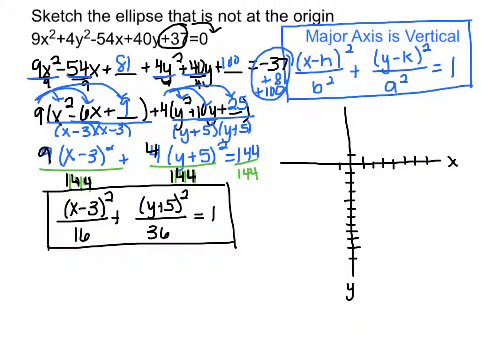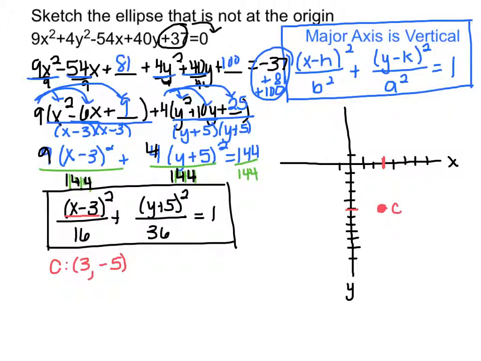I'm going to start by sketching the center. The center of this ellipse comes from the opposite of the x value, which is 3, then the opposite of the y value, which is negative 5. So I'm going to plot 3, negative 5, and this piece right here is the center.